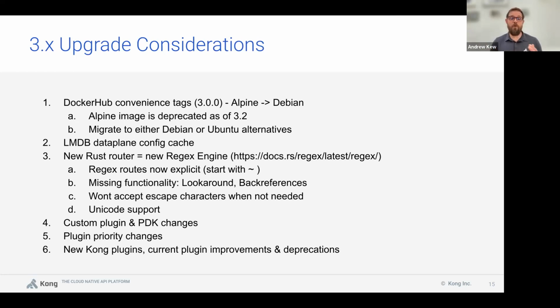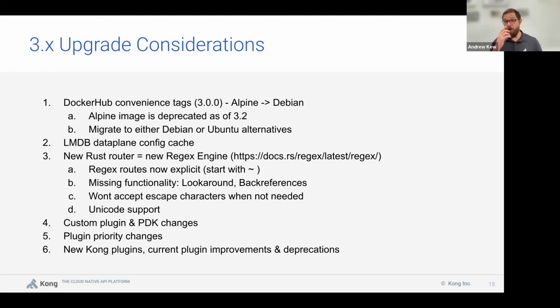As mentioned already before, custom plugins and the PDK. Anyone with custom plugins, please test it out. Get the new version of Pongo and actually test out your custom plugins and make sure that they are ready for Kong 3 and the migration. The built-in plugins in Kong 3, the priorities of them have changed.